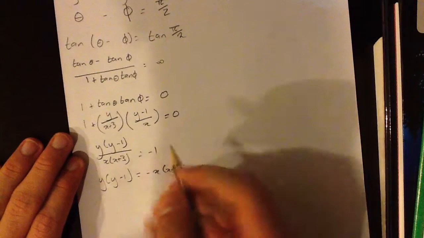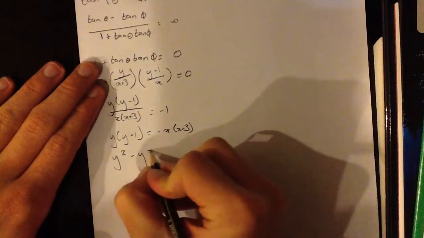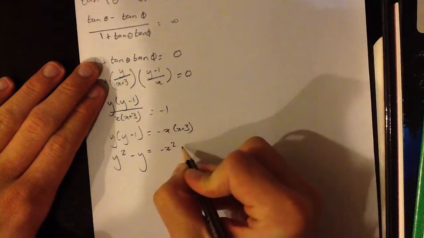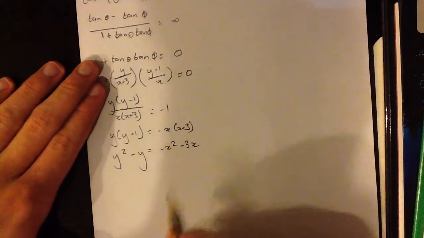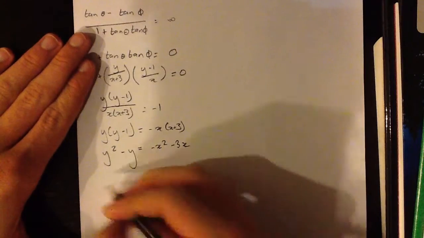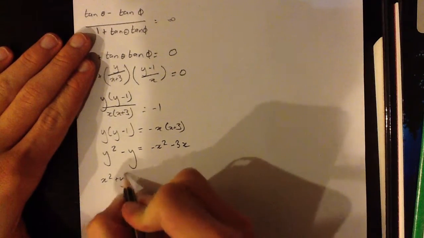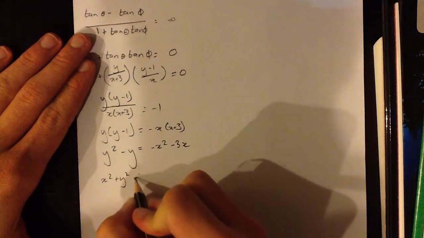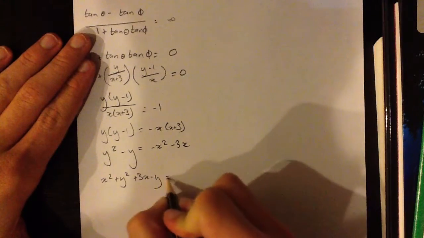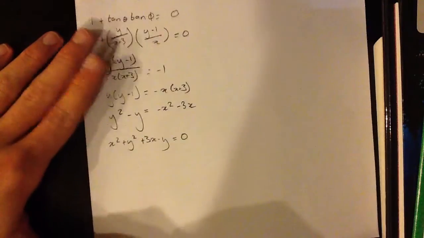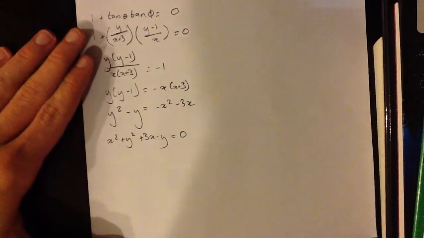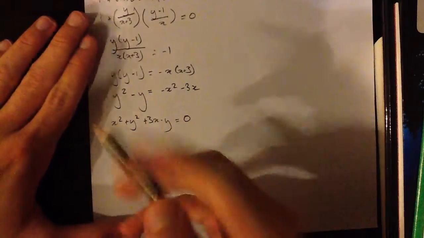Then you open the brackets out. y squared minus y equals minus x squared minus 3x. Bring everything to one side. x squared plus y squared plus 3x minus y equals 0. Now we'll complete the square in order to find an equation for this circle.